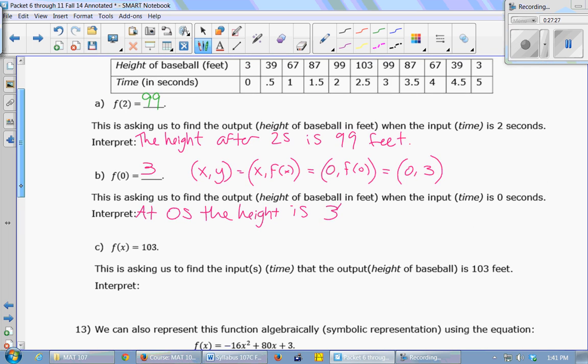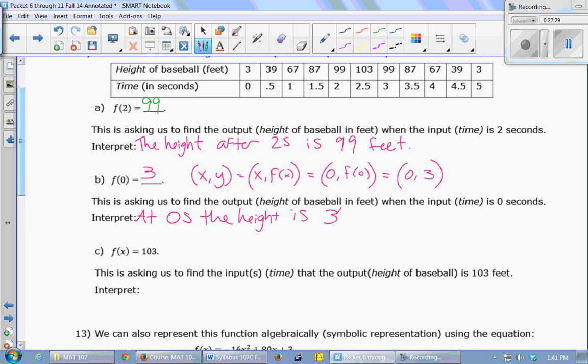Okay, so what if I asked you, when does f of x equal 103? I'm asking for the input, and I'm giving you the output, 103. Yeah, when x equals 2.5. So now they're giving you the y and asking for the x, and you would say, oh, when x equals 2.5.